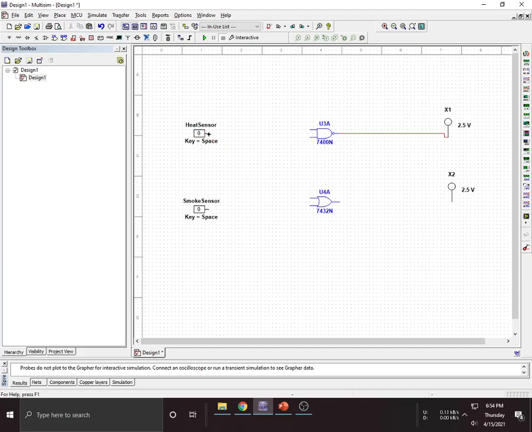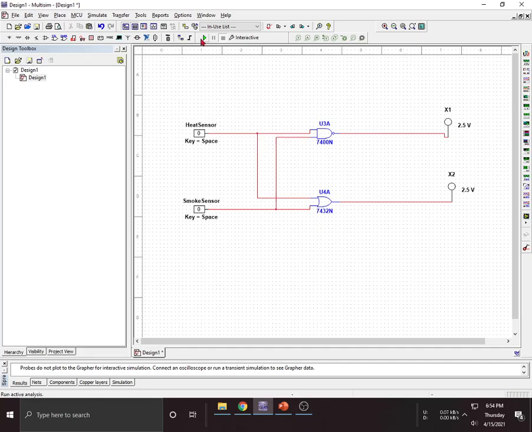This connection will go with this one, and here is the same, smoke sensor OR gate with this red on, and this will connect with this on. Now this will connect with this on, and NAND gate second input is connected with this on.